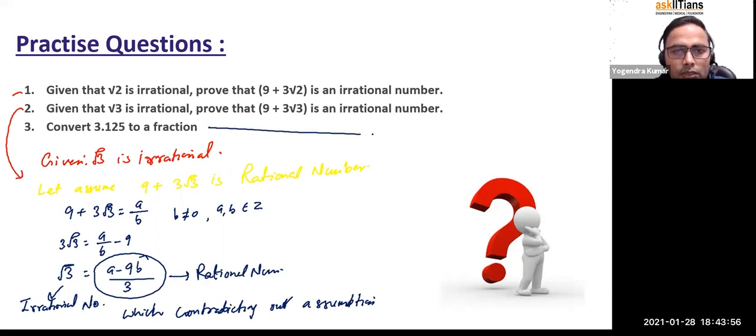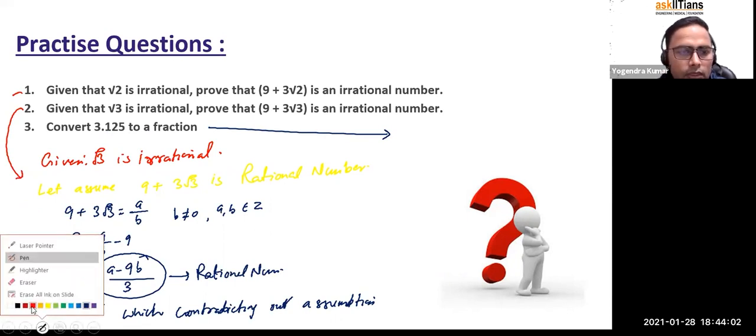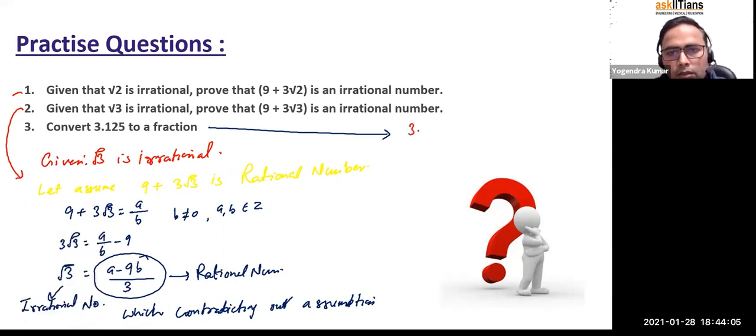Now let's do this question. They're saying convert this to a fraction. Now I think you know that we have 3.125 divided by 1. So we need to multiply 3.125 up and down by how much? 1000. Why 1000? Because 3 digits are there. So we can write it as 3125 divided by 1000.